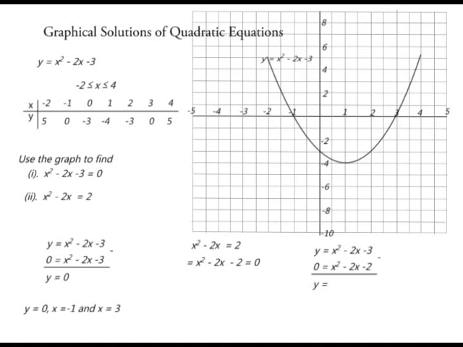Minus 2x minus minus 2x is also 0. Minus 3 minus minus 2 is minus 1. And so y is equal to minus 1. We find the values of x where y is equal to minus 1. And that is approximately minus 0.7 and 2.7.